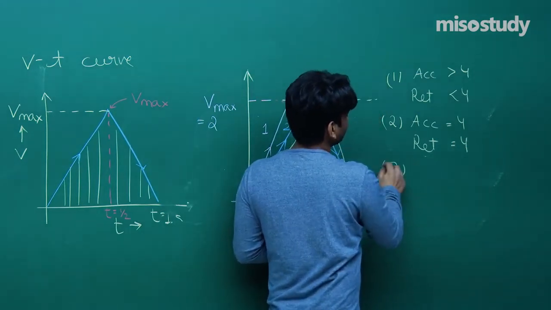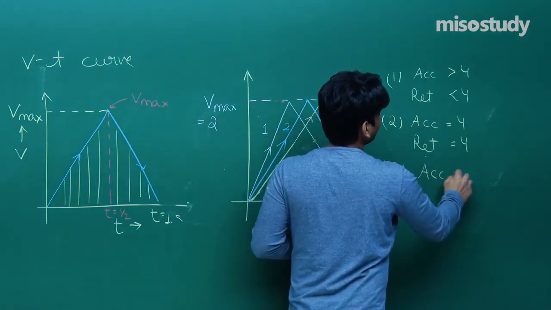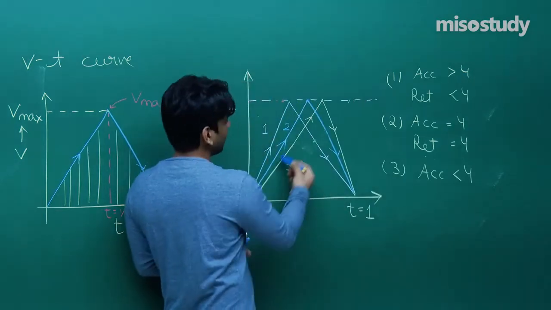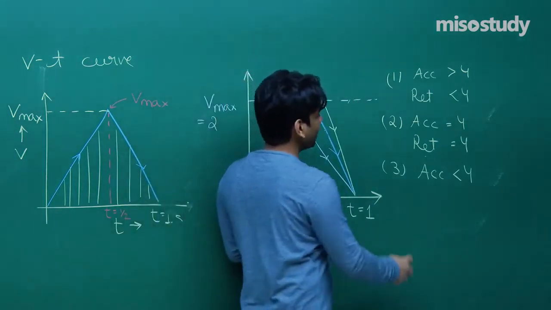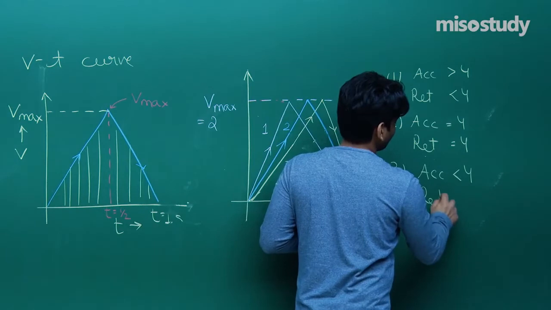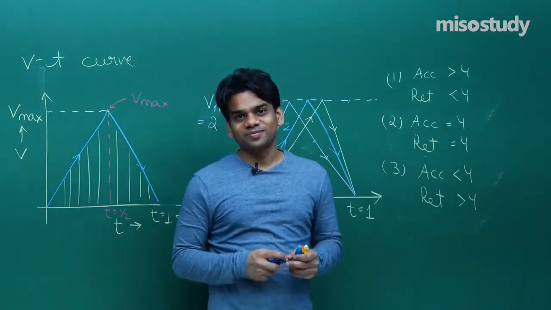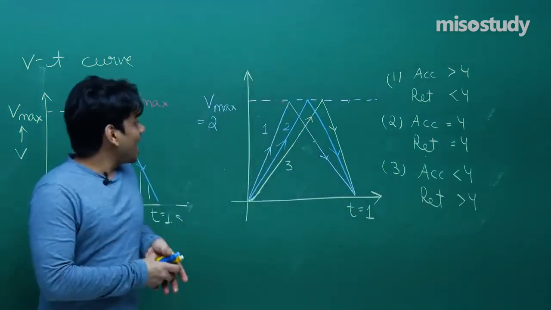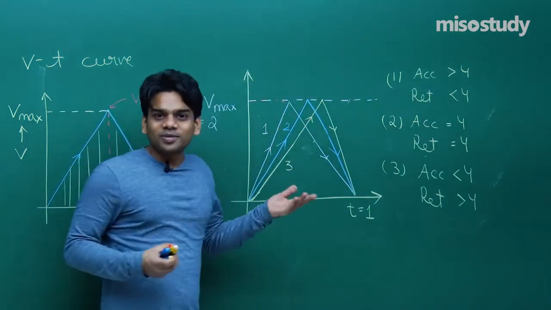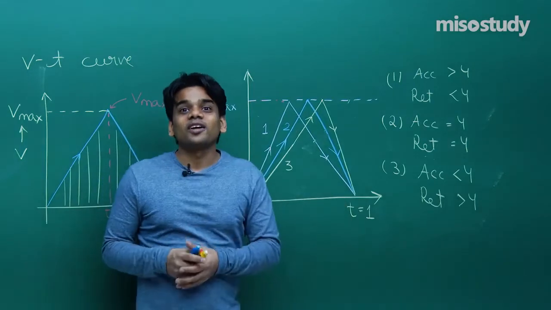For curve number 3, acceleration will be less than 4 and retardation greater than 4. I'm only talking about the magnitudes. The acceleration is for some time and then the body has to decelerate so that its velocity reaches 0.